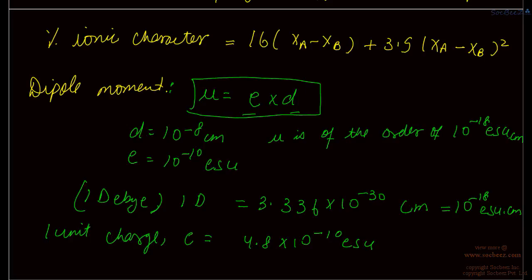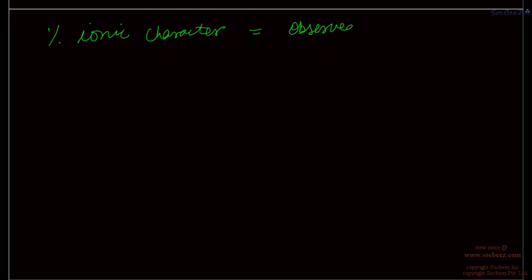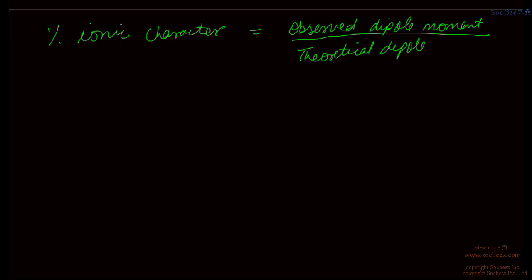Remember this. From dipole moment, the value of percentage ionic character was devised, and the expression is: percentage ionic character equals observed dipole moment divided by theoretical dipole moment.